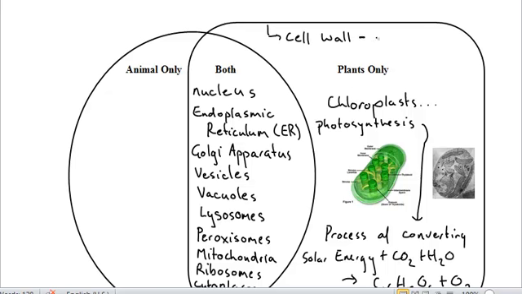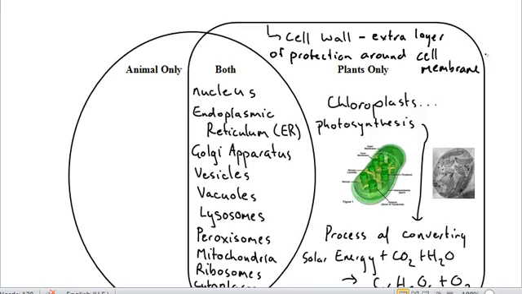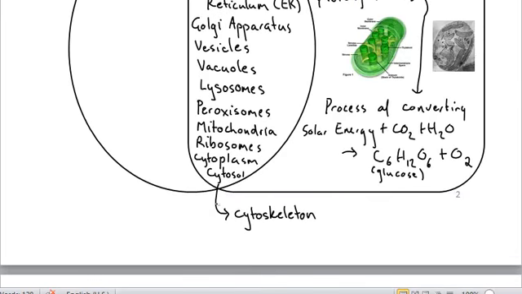And a cell wall is an extra layer of protection around the cell membrane, which reminds me that the cell membrane is also an organelle shared by both. Cell membrane.